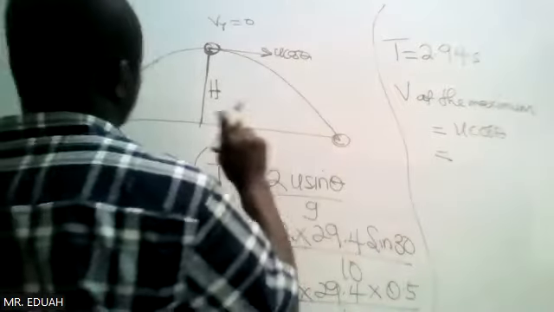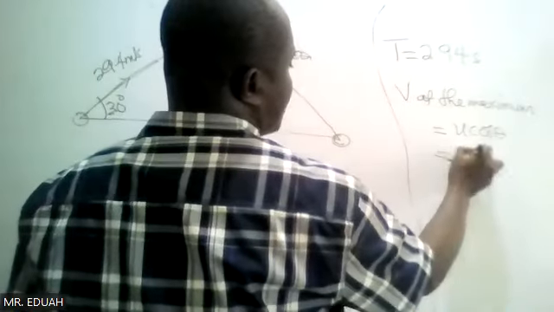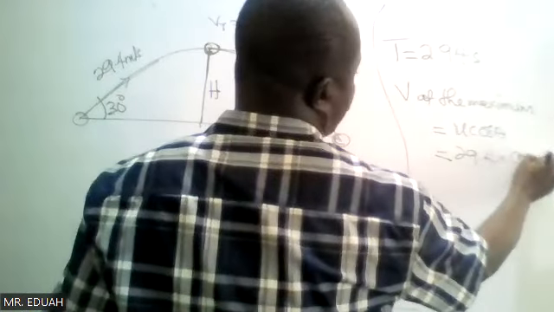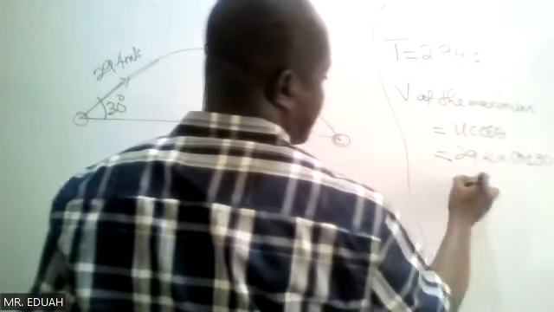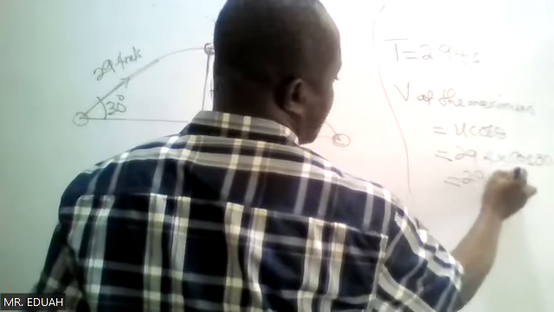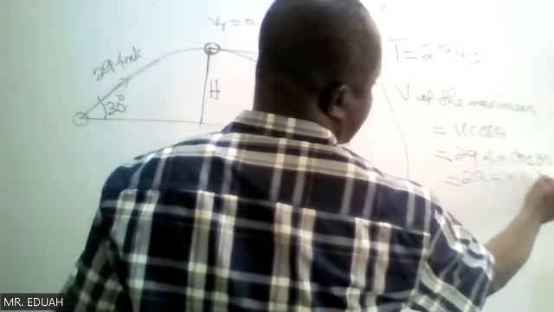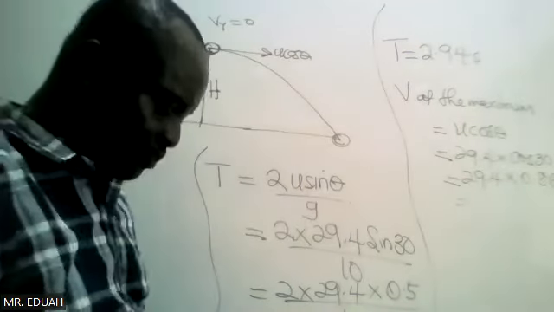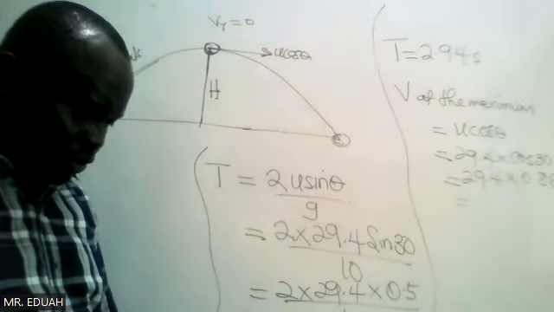So 29.4 times cos of 30 degrees, and this is 29.4 times 0.866. Okay, I also want to confirm.